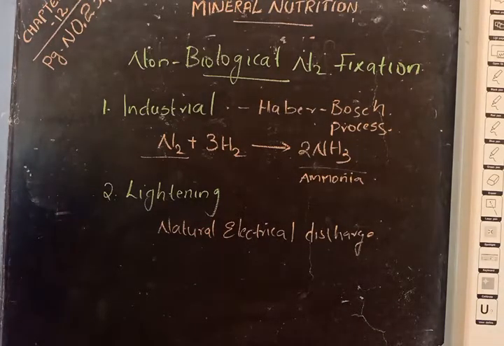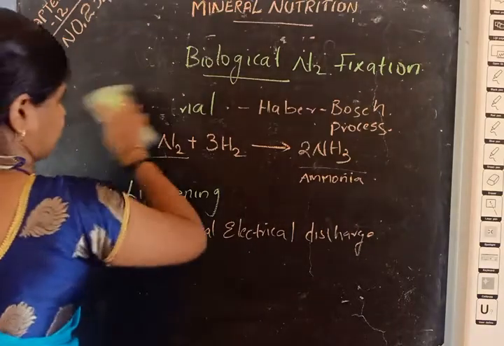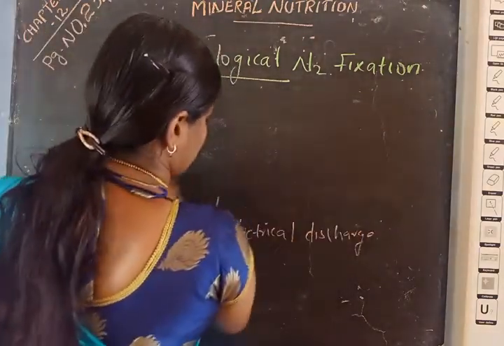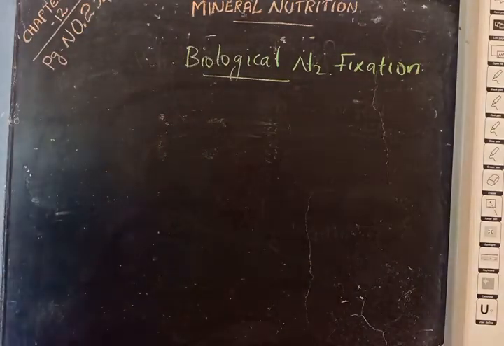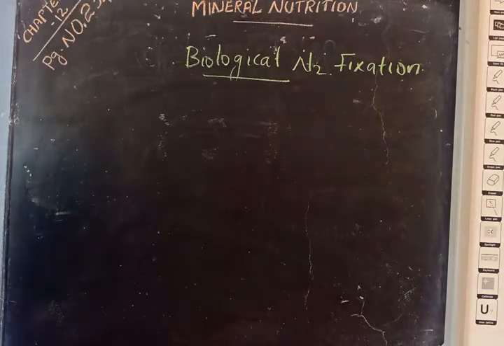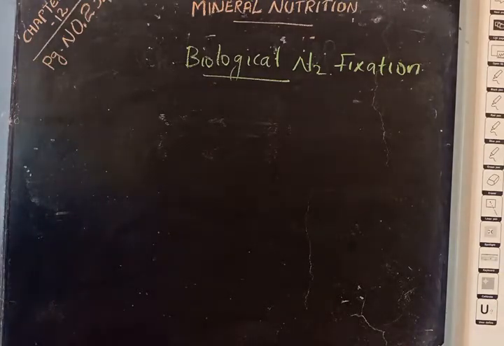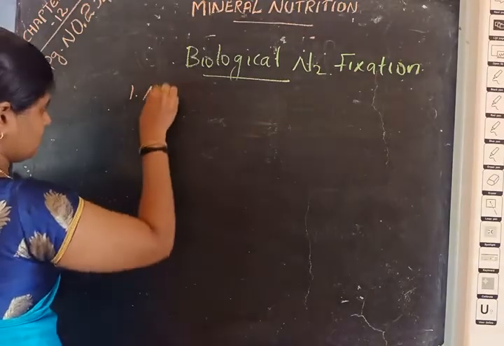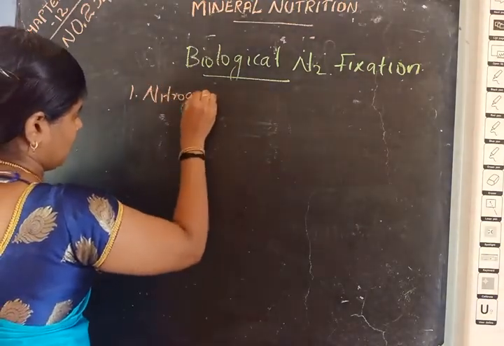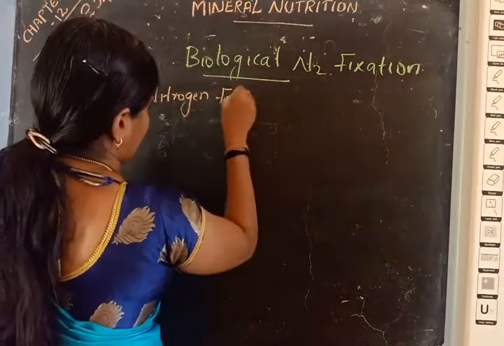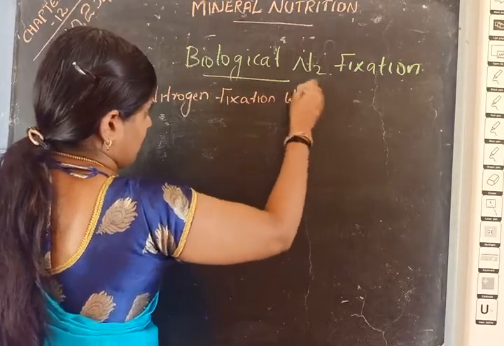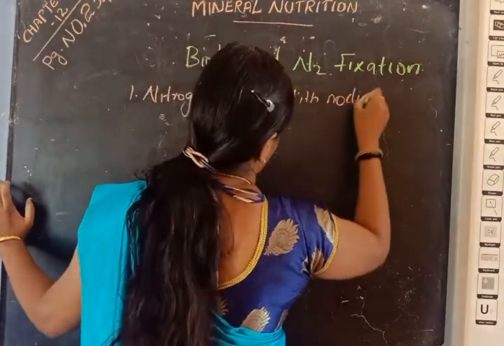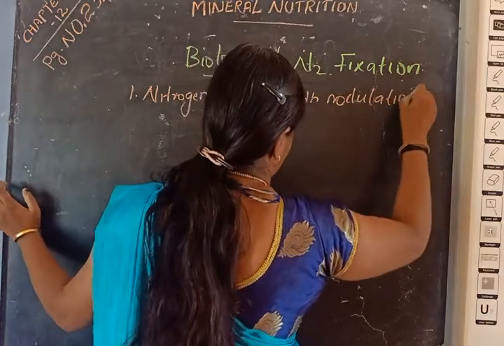Now we can move to biological nitrogen fixation. In biological nitrogen fixation, the nitrogen fixation can be done with the help of nodulation or without the help of nodulation. First one, nitrogen fixation with nodulation or nodule formation.